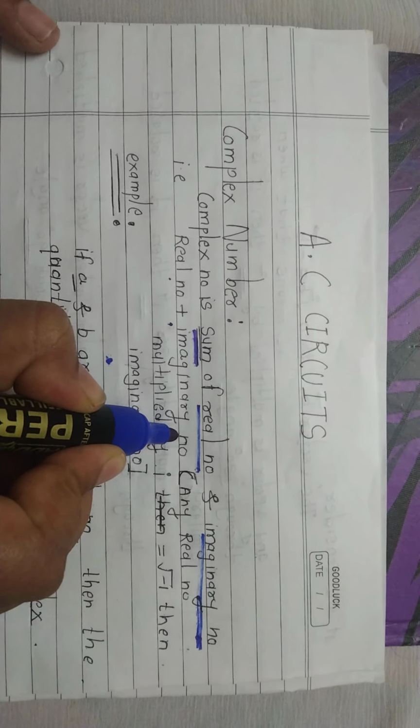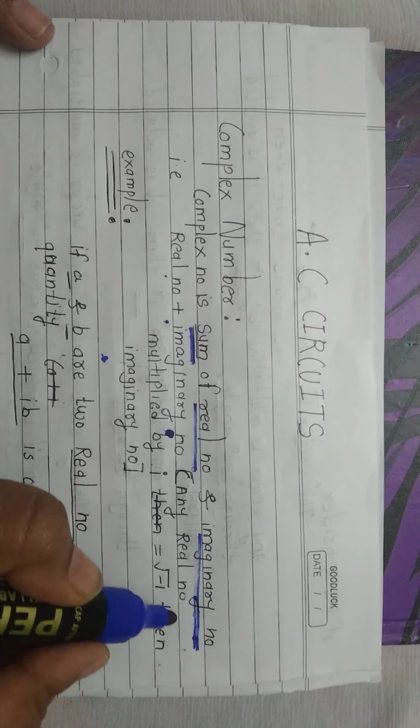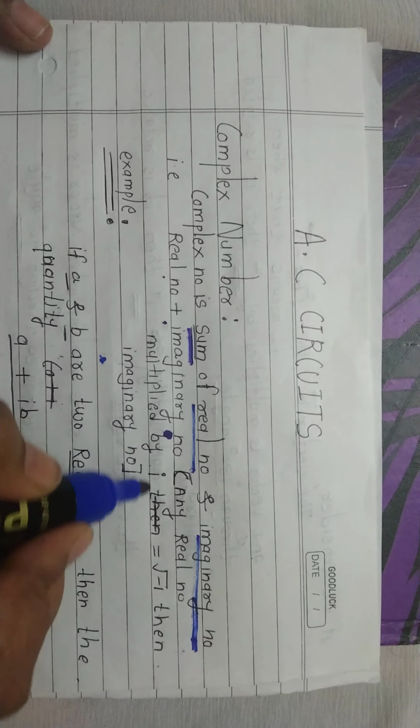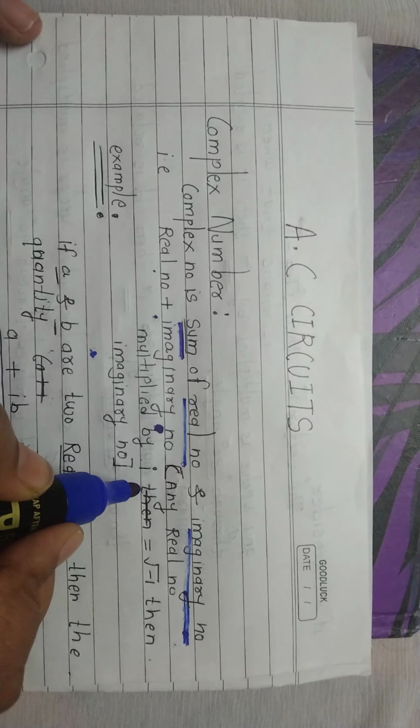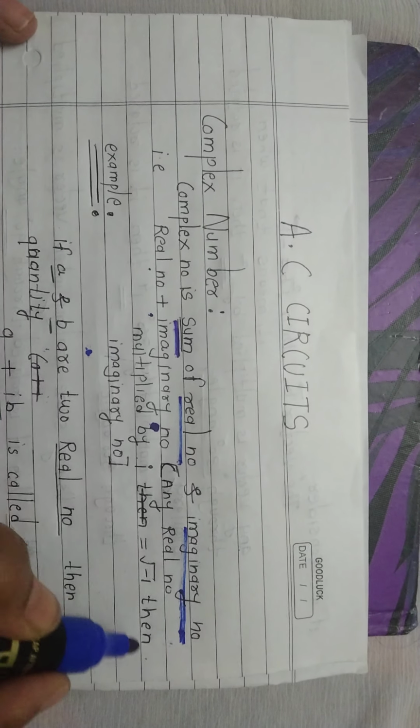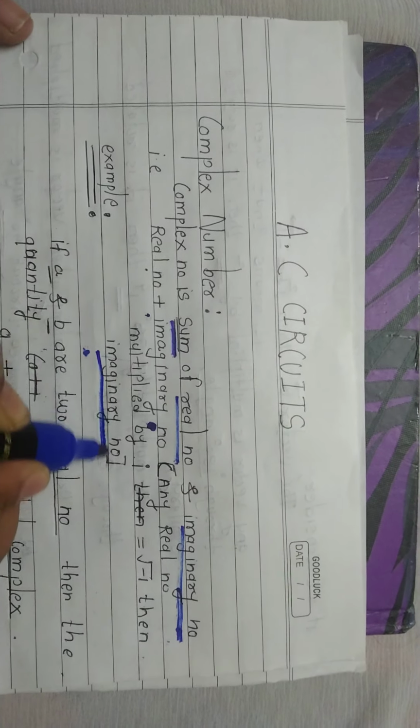An imaginary number is any real number multiplied by i, where i is equal to root of -1.